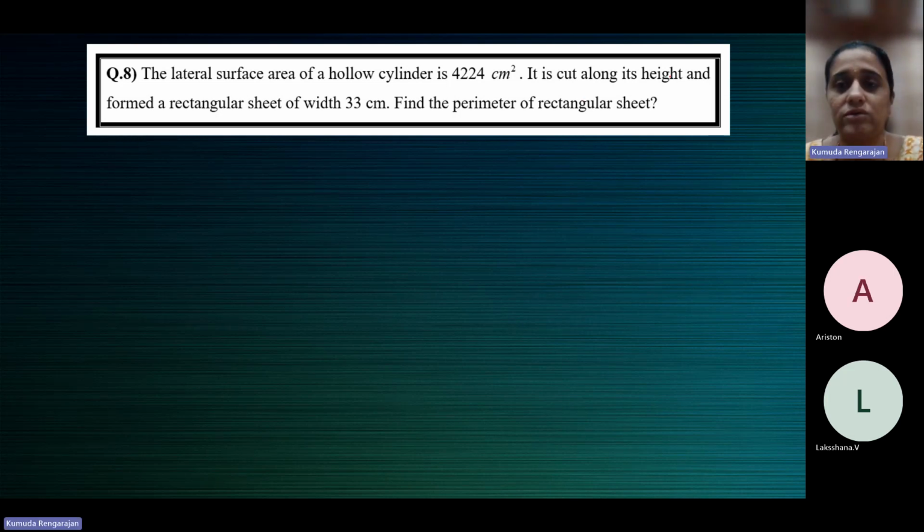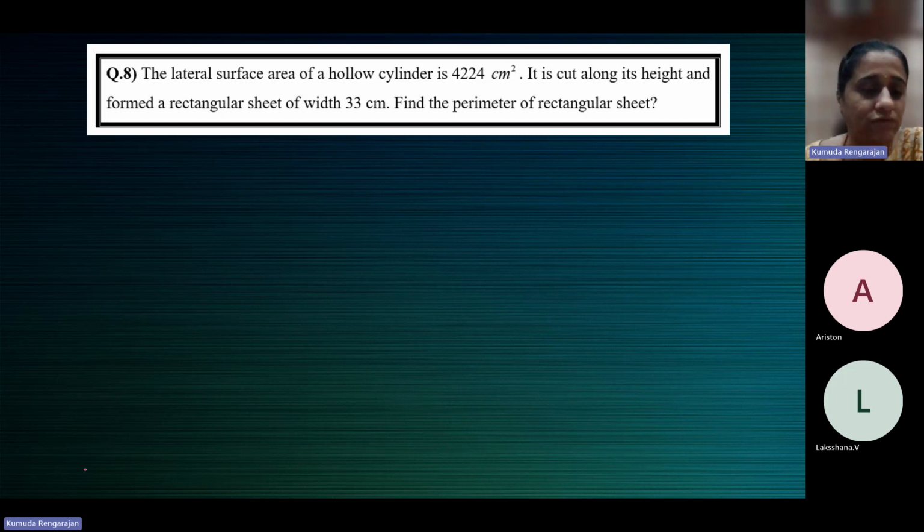Okay, so as I told you, this is NCERT exercise 11.3, question number 8. The lateral surface area of a hollow cylinder is 4,224 centimeters square. The lateral surface area meaning the curved surface area.